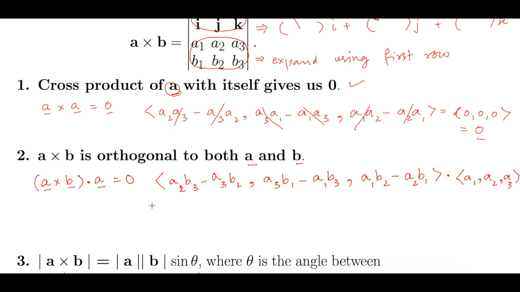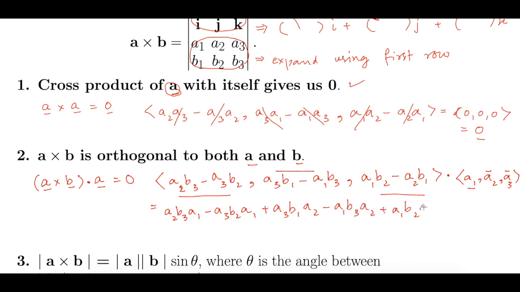So how do we find the dot product? We multiply this component by this one, this by this, and this by this, and then we add. I will do it in the same step. I'll write A2 B3 A1 minus A3 B2 A1 plus A3 B1 A2 minus A1 B3 A2 plus A1 B2 A3 minus A2 B1 A3. Correct?